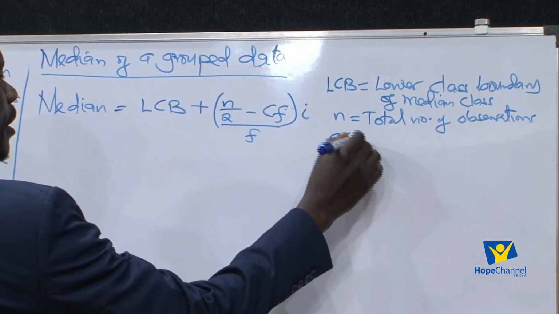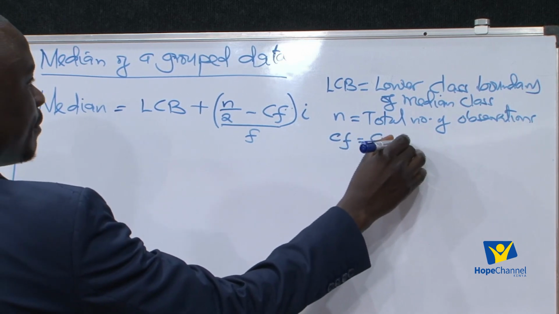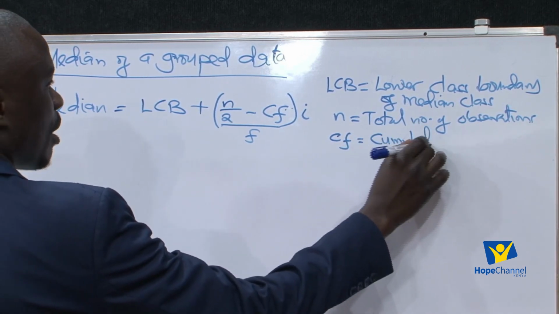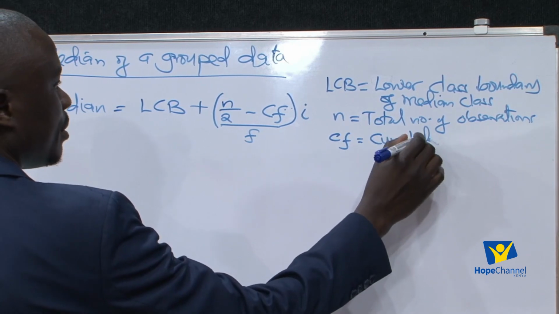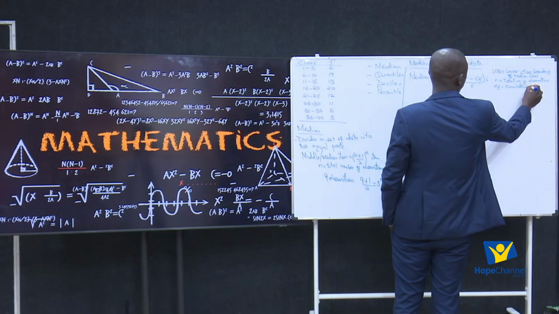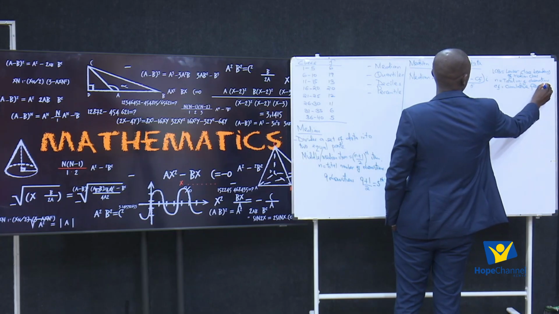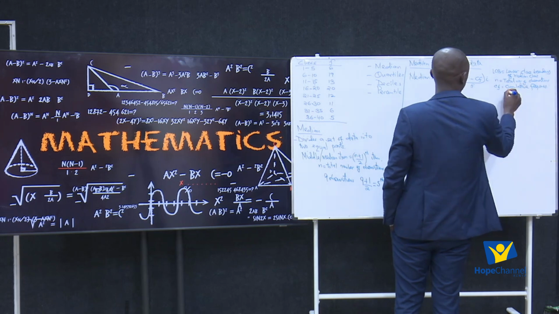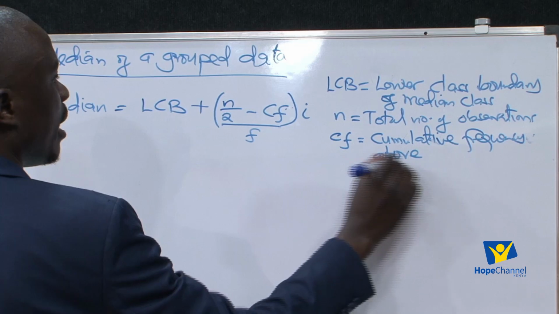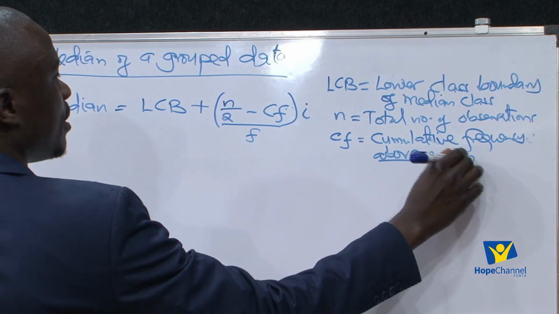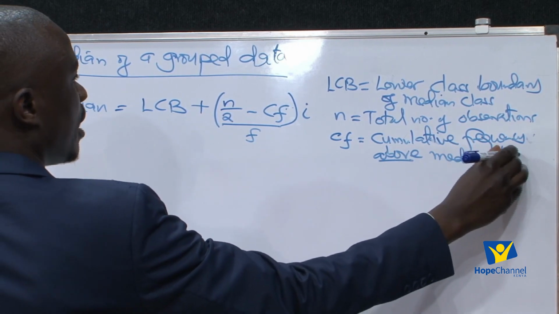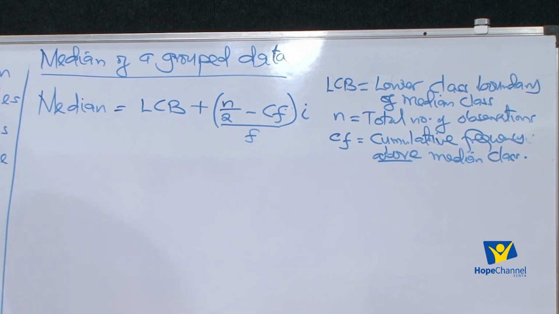CF in this case is cumulative frequency. The key word here is above: the cumulative frequency above the median class.